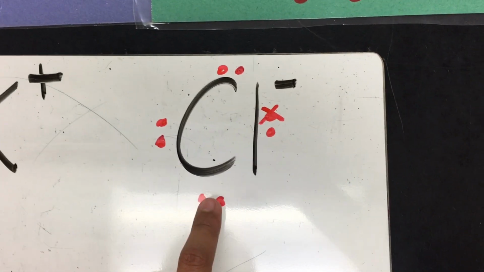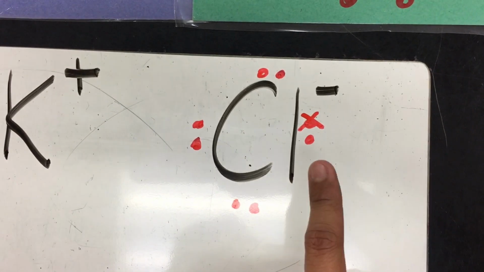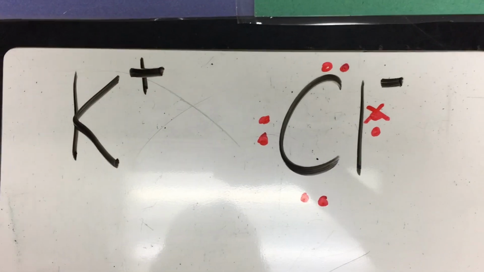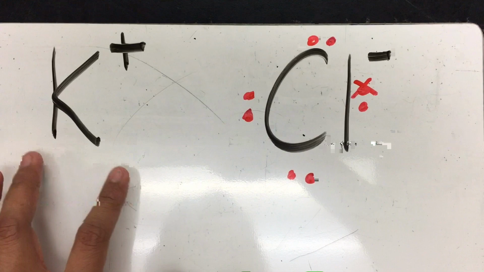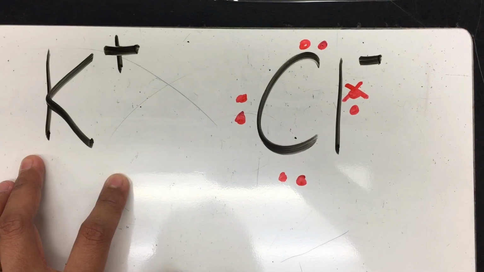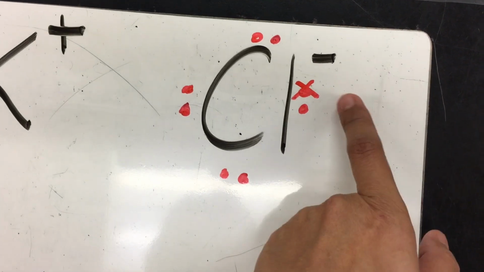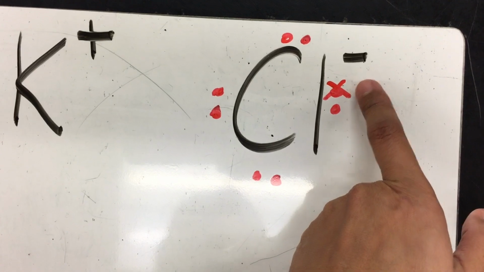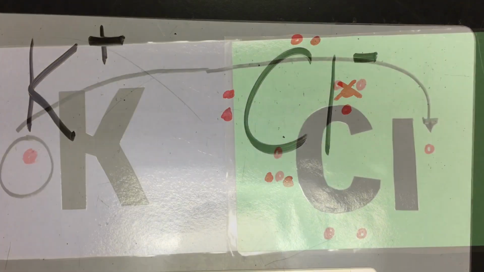On the other hand, chlorine becomes Cl negative, or negative 1, or 1 negative. If you see in the drawing on the screen, K no longer has dots because it has lost its electron, and chlorine on the other hand has an added 1 electron, which is represented by X here, thereby making chlorine have 8 valence electrons.